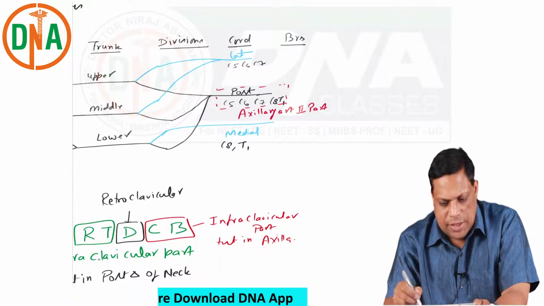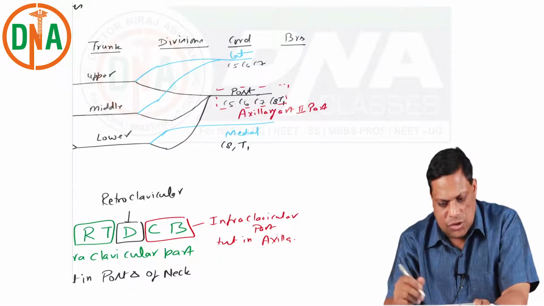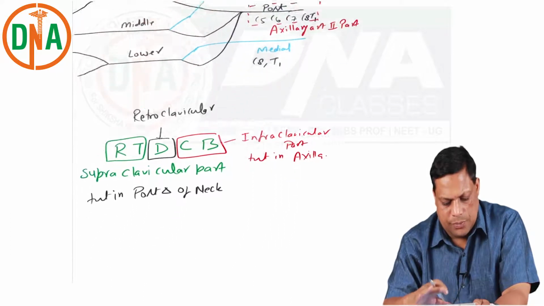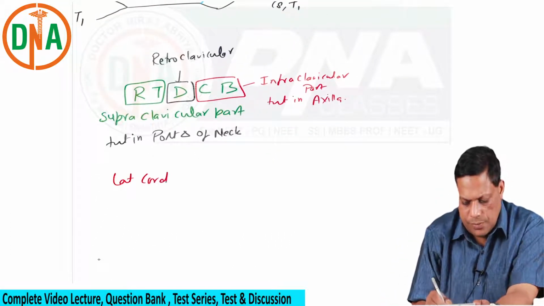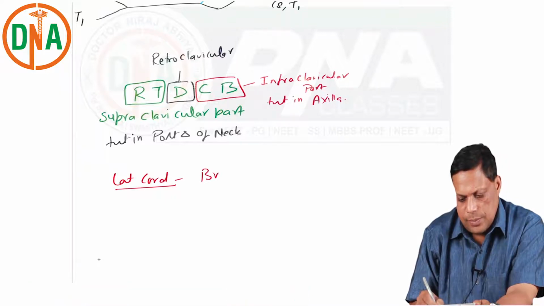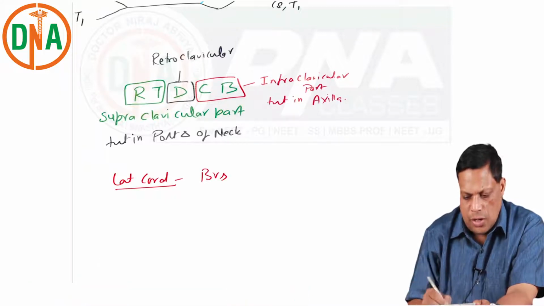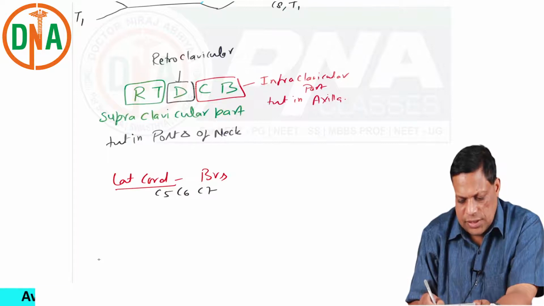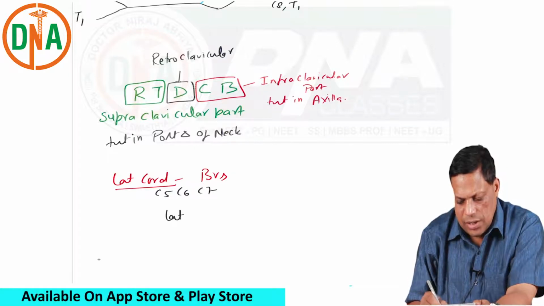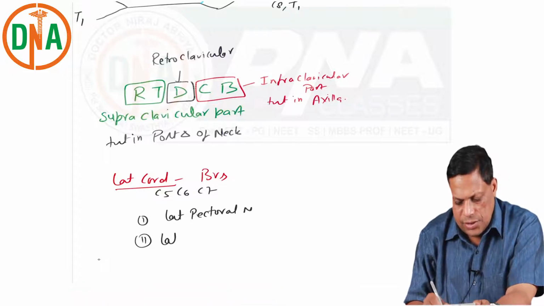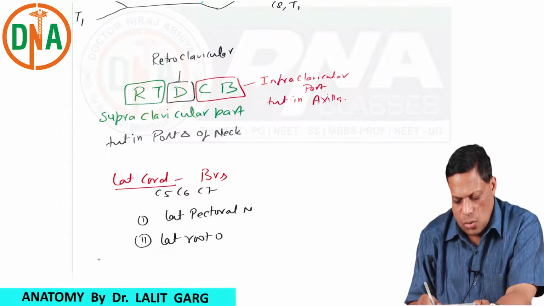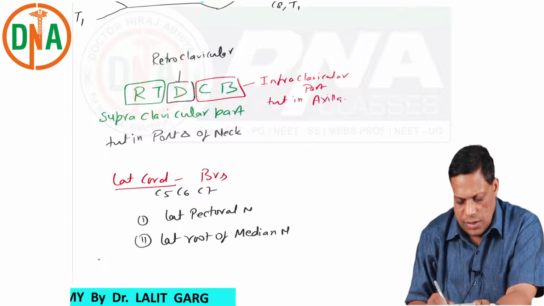Now the next point is the branches. What are the branches of the lateral cord? I will write here the lateral cord. Its branches. Root value of the lateral cord C5, C6, C7. The branches are lateral pectoral nerve. Second is lateral root of median nerve.